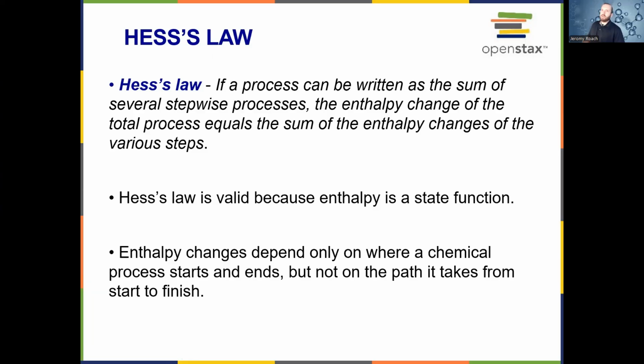If you multiply a reaction, you have to multiply the change in enthalpy by that same factor. Then you add up all the change in enthalpy values to get the overall delta H. This approach simplifies complex reactions into manageable parts.